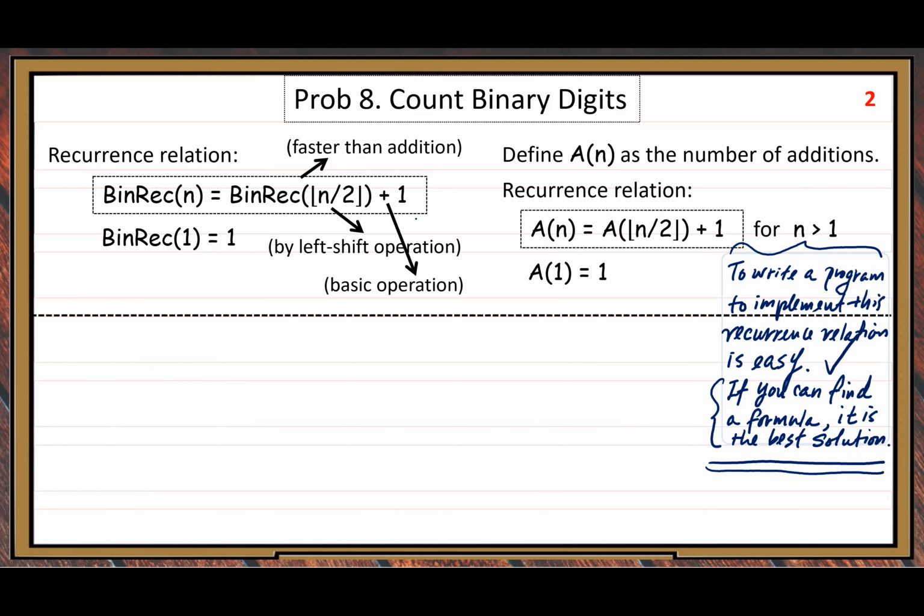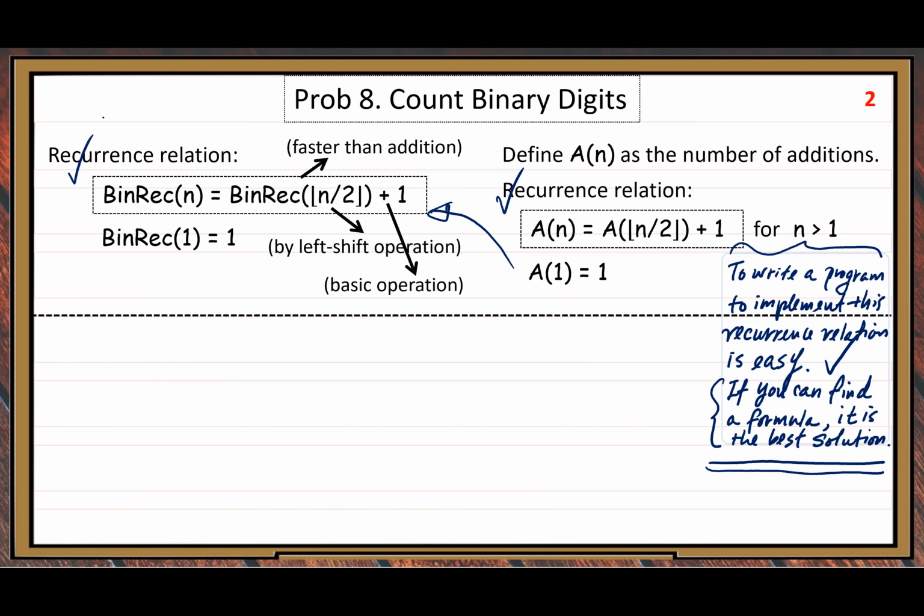Some of you may argue a of 1 could be 0 because we do not need to do addition. But here, in order to make it close to our original problem, we make it 1 because it's not a big deal, just one difference from 0 to 1. The good thing is, if we solve this problem, then the solution is the same as the original problem, because the structure is exactly the same.